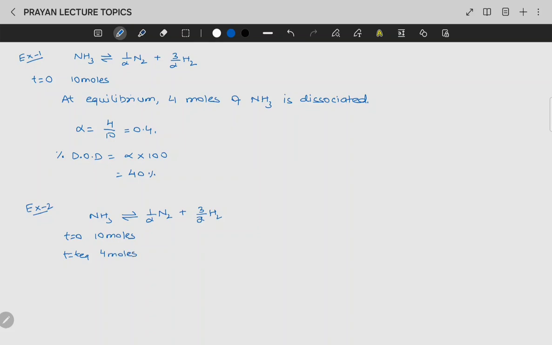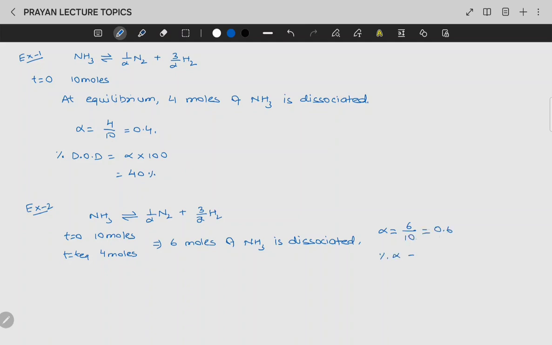If we have taken 10 moles initially and 4 moles are left, this means that 6 moles of NH3 is dissociated. So alpha will be 6 divided by the initial moles, which is 10, which is 0.6.